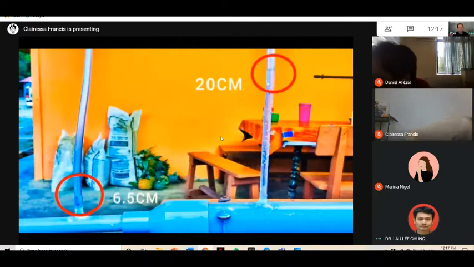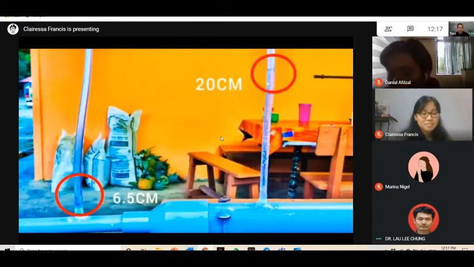Yeah. Because the velocity is high. Okay.